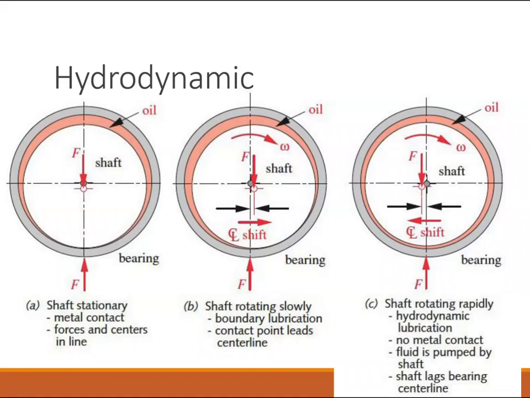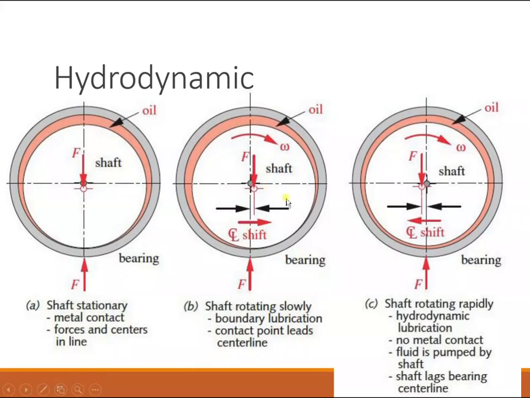What we'll spend the rest of this lecture discussing is hydrodynamic friction, and this includes journal bearings. Figure A shows a shaft resting in oil without the shaft spinning. As the shaft begins to spin, notice that it moves to the right as we're looking at it during the startup. Now we're going to start having boundary lubrication, and the contact point leaves the center line.